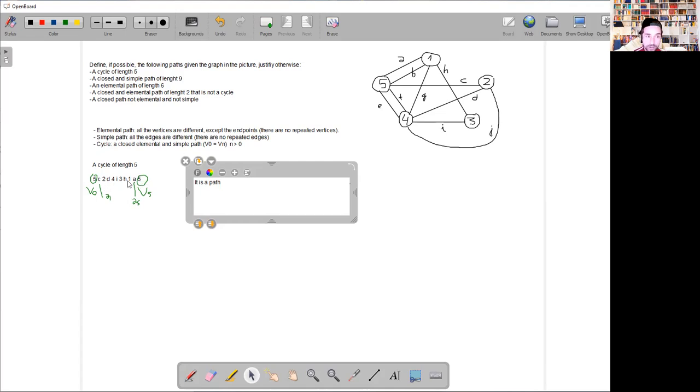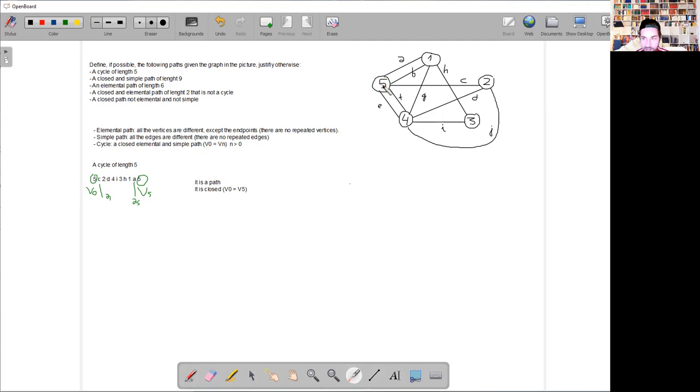So it is a connected path. It is closed, because the initial node is equal to the last node. So as you can see, we start in the node 5, and at the end, we end up in the node 5 again. So it is closed.